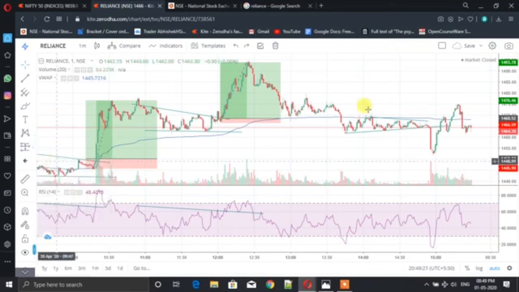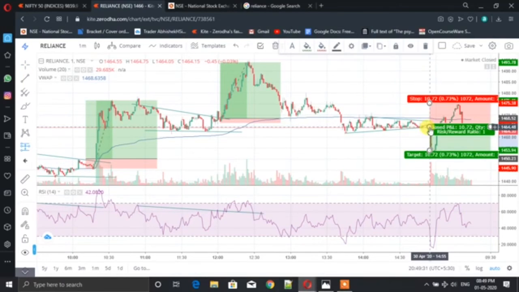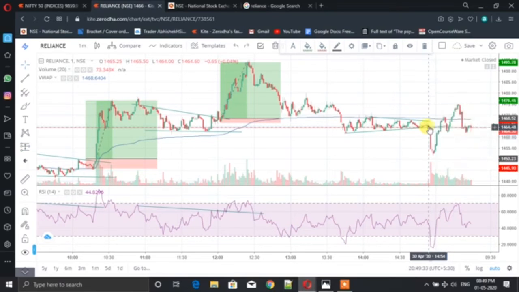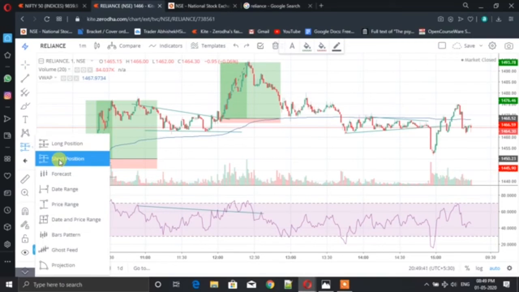short position. That's right. That's a short.